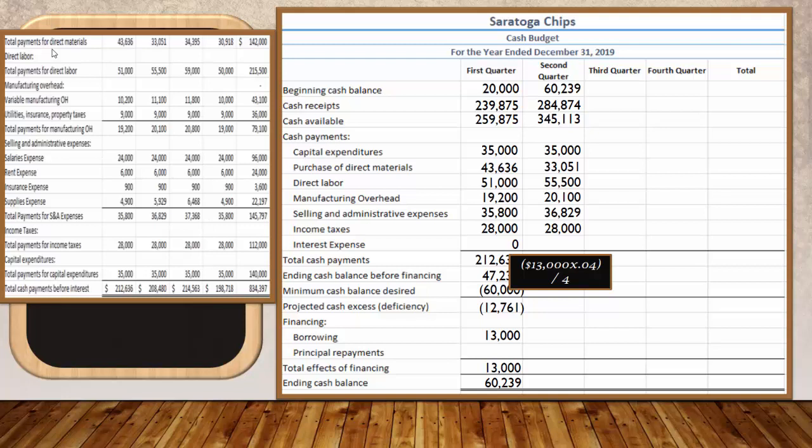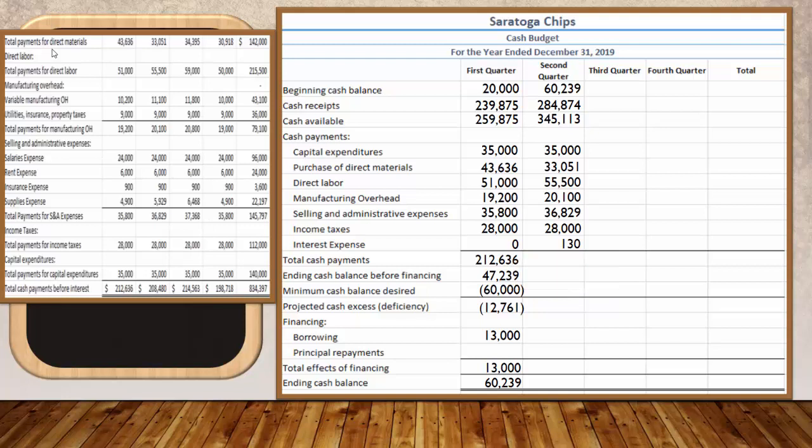However, the A in APR stands for annual. It means we have to pay 4% per year. Well, this isn't for a whole year. It's only for a quarter. And since there's 4 quarters in a year, we need to divide the product of 13,000 and 0.04 by that 4, the number of quarters in the year. That's going to come out to be $130. This is the amount of interest that we have to pay for on our loan.